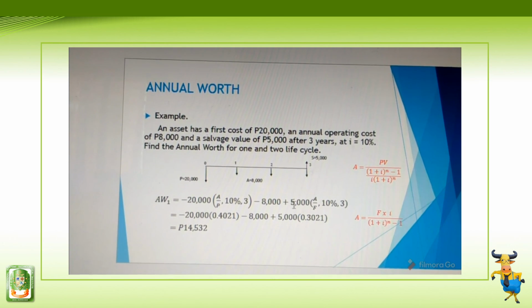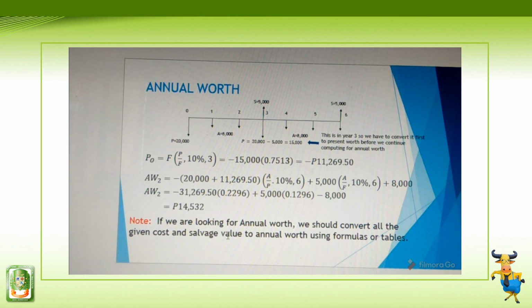Plus 5,000 multiplied by A given F, 10% in 3 years. So we have negative 20,000 multiplied by the factor 0.4021 minus 8,000 plus 5,000 multiplied by the factor 0.3021, which equals 14,532. So that is for one cycle.